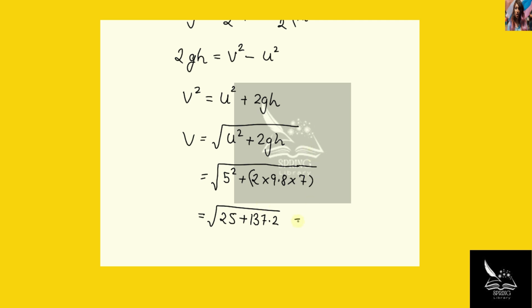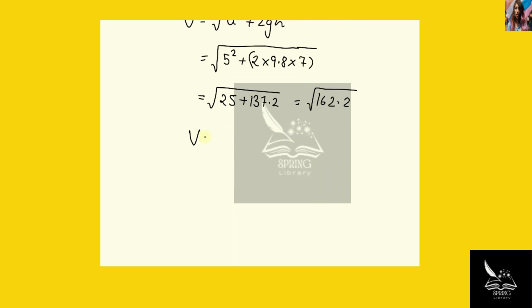So this will be equal to the square root of 162.2. So from here v will be equal to the square root of 162.2, which is 12.73 meters per second. So this is the velocity with which she will come down.